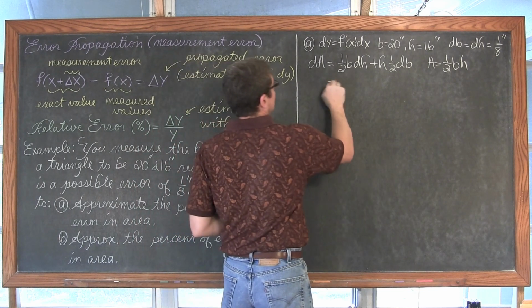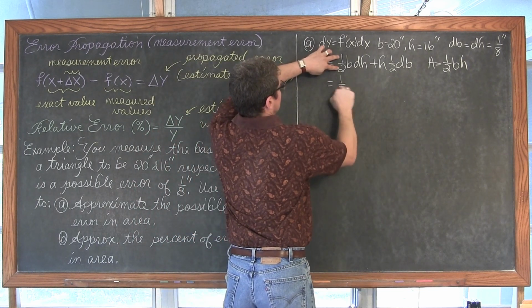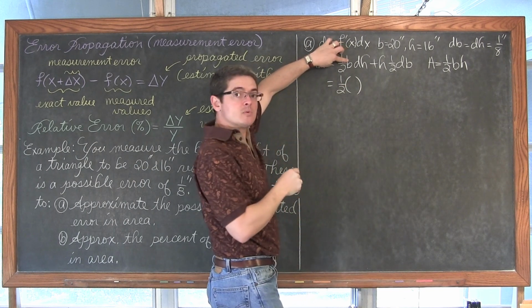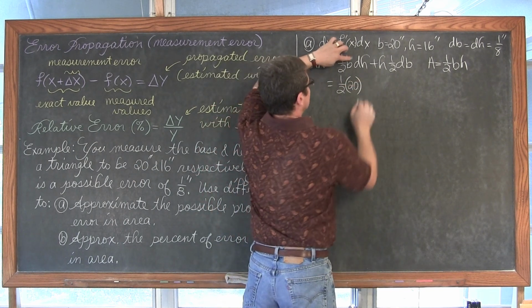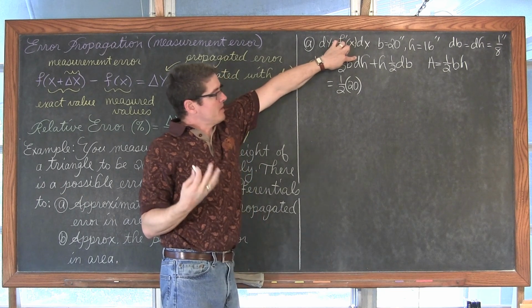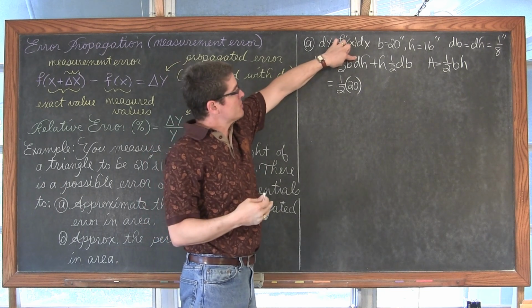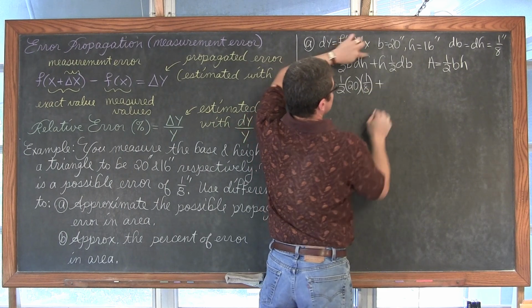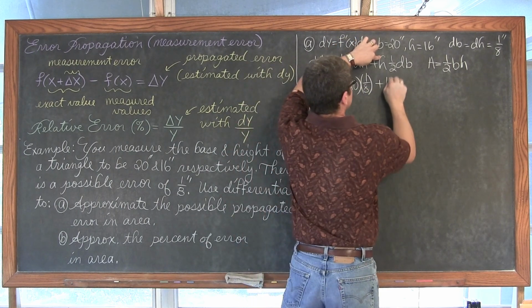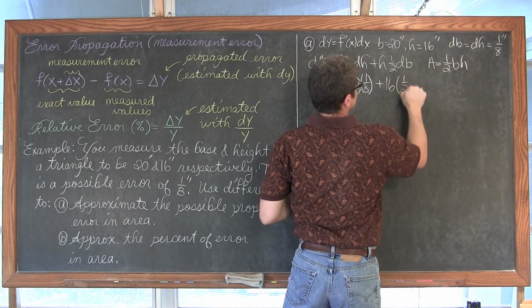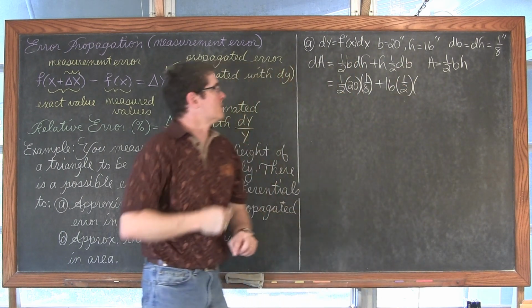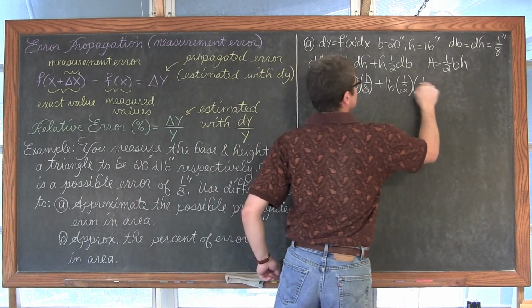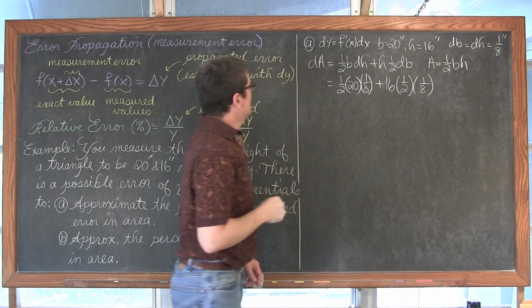So we have 1/2, the length of the base, which we got was 20. The differential, or the possible error in the measurement for dh is 1/8, plus our measured height is 16, times 1/2. Again, dB is given to us as a value of 1/8.